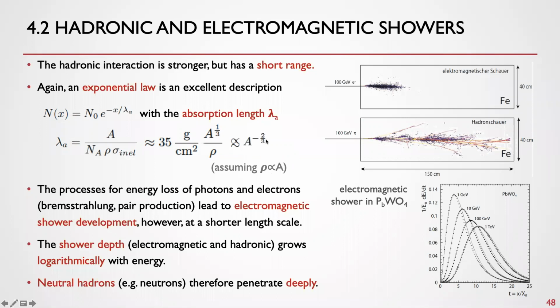-2/3. So let's look at the difference of the shower evolution between electromagnetic showers and hadronic showers. The top plot shows a comparison of a 100 GeV electron hitting iron and a 100 GeV pion hitting iron. Iron is not a material that is instrumented, so this is a pure simulation.